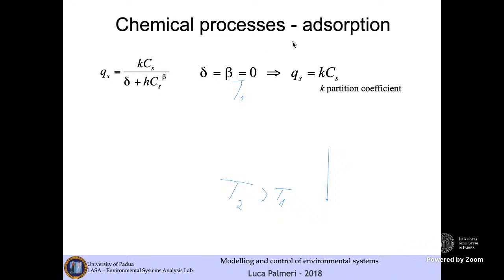Now let's look at the very general model that is called the equilibrium partition, or partition coefficient, model. All the models that we have seen up to now may be simply recast by setting the two parameters delta and beta equal to 0.